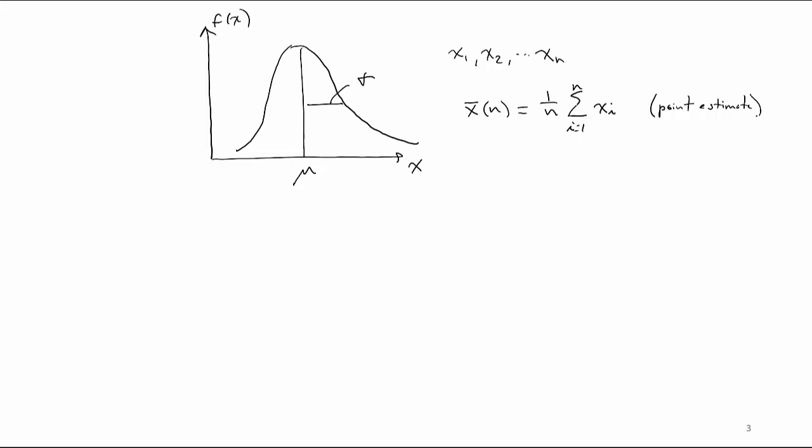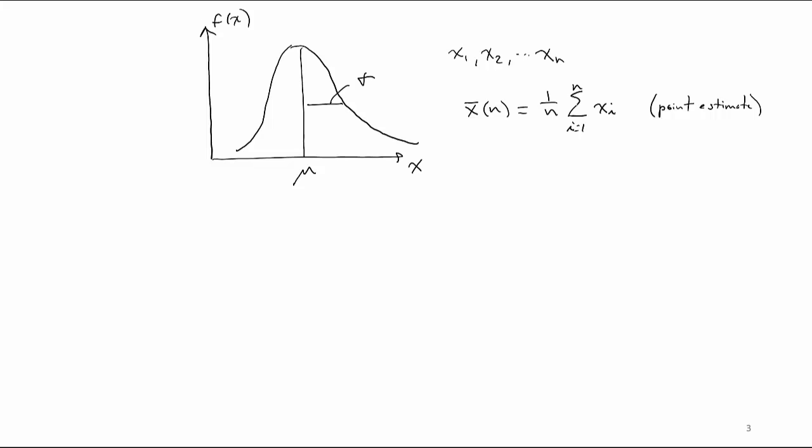For example, our estimate x bar n might be right here, or right here, or right on the mean. We simply don't know where that value resides. So from a confidence interval standpoint, we want additional information about the potential location of our estimate x bar n.